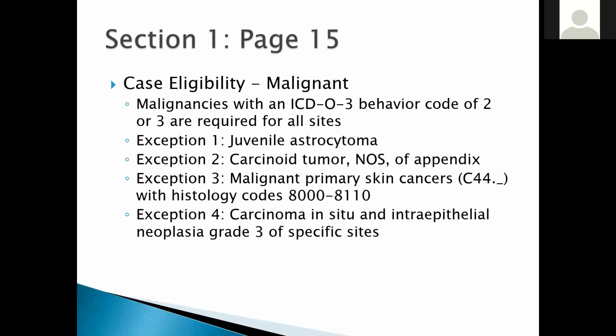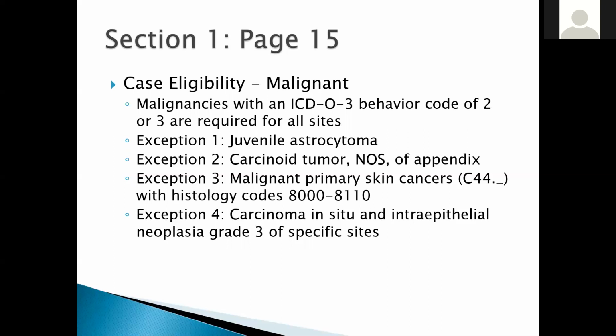Okay, so exception 1. Your rule is if the behavior code is 2 or 3, you report it, and if it's not 2 or 3, then you don't have to report it.